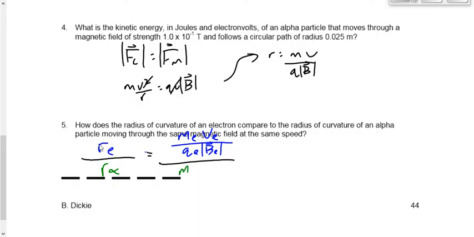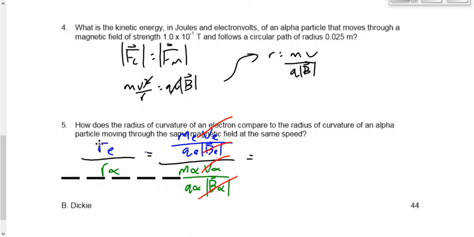The mass of the alpha particle times the speed of the alpha particle over the charge of the alpha particle times the magnetic field strength the alpha particle is exposed to. Now, we know that the magnetic field strength for both of them is the same, so it allows me to cross off those, to cancel it out, right? It appears on the top and the bottom, we can cancel it out. Speed is the same thing, same speed it tells me in the question. So now we've got a bit of a simplified expression here.